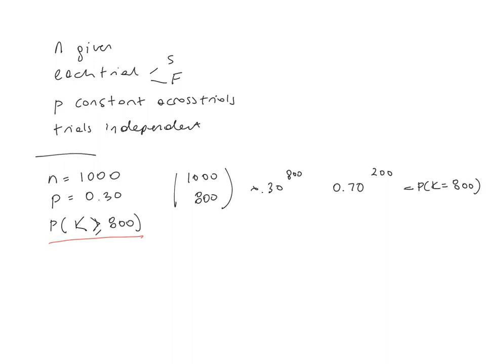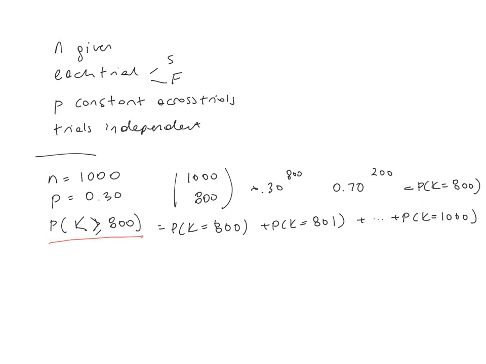Because what k greater than or equal to 800 really means is k can be equal to 800, k can be equal to 801, all the way up to k equal to 1,000, right? That is exactly what I'm trying to do.